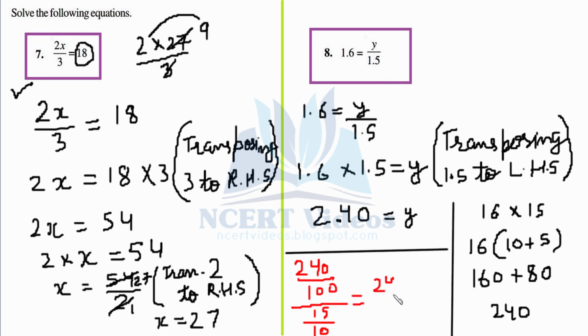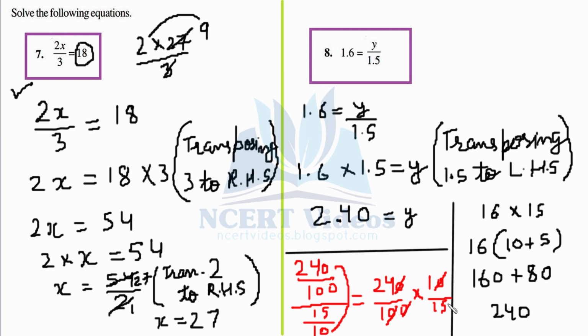Simplify it. 240 over 100. As we told earlier, this 10 will move to the numerator and this will remain in the denominator. So this is getting multiplied. In the denominator we have 15 and in the numerator we have 10. This we have learned very well in our previous standard. So 0 0 got cancelled out. Again 0 got cancelled out.